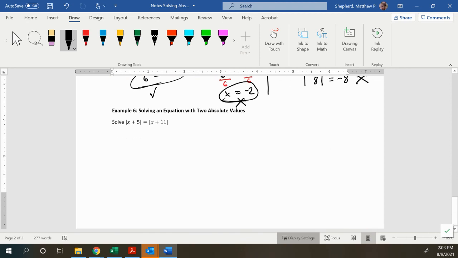Now let's look at this one that has variable on both sides and two absolute values and see what issues arise out of this one as we check our answers. Step 1, we're going to solve for when they're the same. Step 2, we're going to solve for when they're opposites.